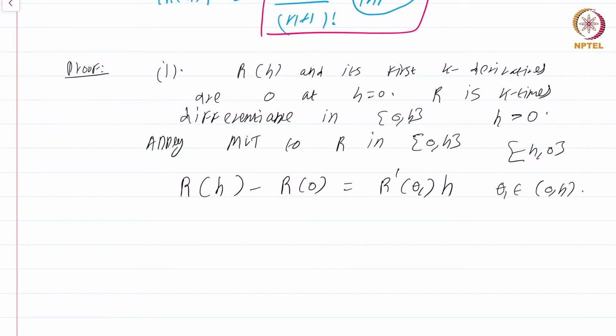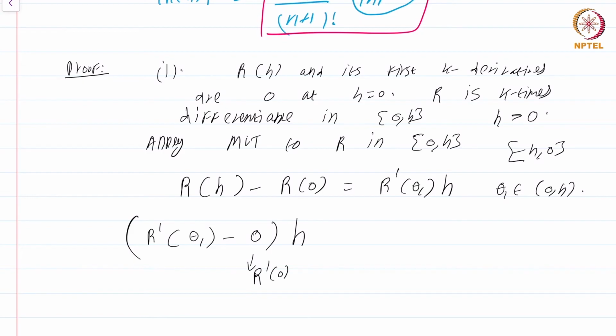Now we can of course apply the mean value theorem again to the function r prime of theta 1 minus 0. Look at r prime of theta 1 minus 0. Well, this is just r prime at 0, right?